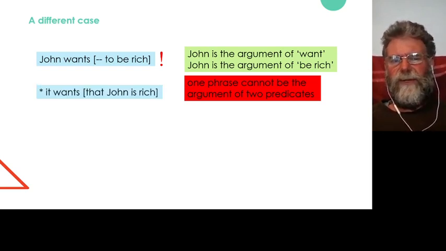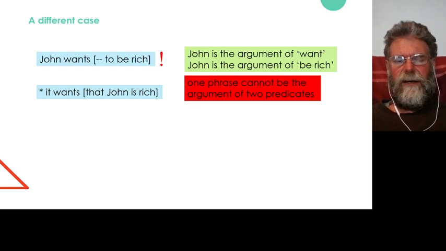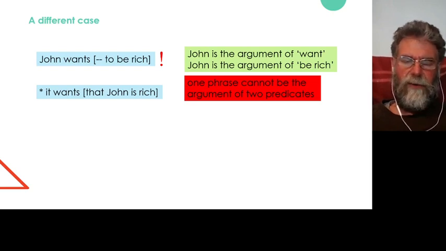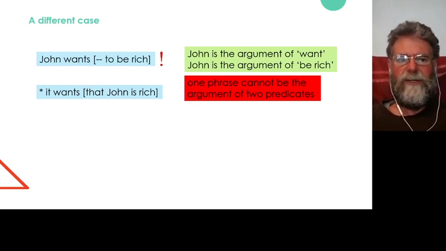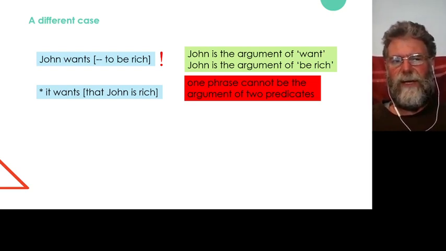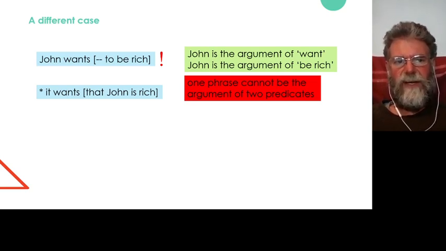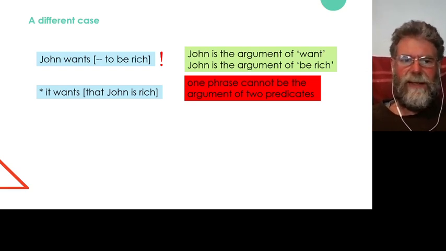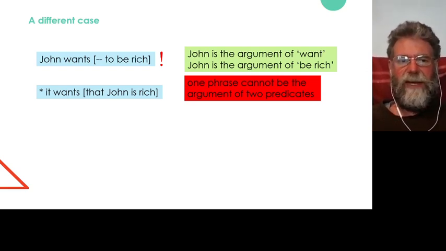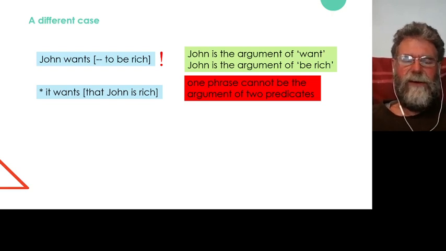Furthermore, we can't adopt a raising analysis here precisely because want is the kind of verb that has its own subject argument. Therefore, we couldn't put a meaningless subject in that position and get "it wants that John is rich," where the "it" is a meaningless "it" rather than a meaningful "it," that thing over there, for example.